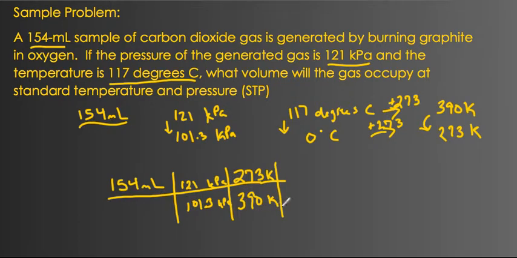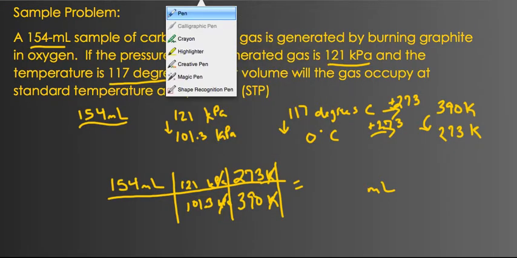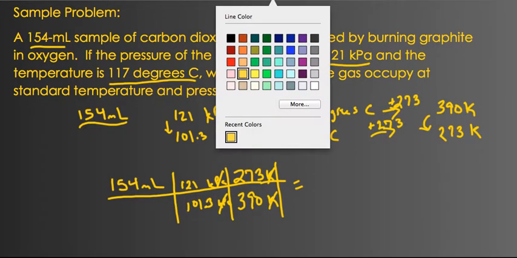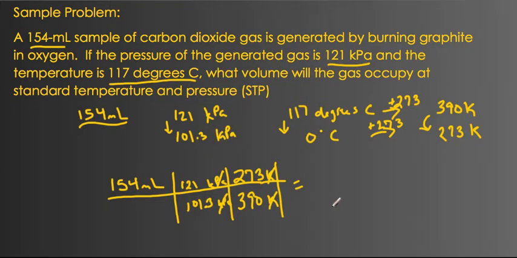Just to check that the units are the way I want them: I'm trying to end up with volume. The kPa units will cancel out, and the kelvins will cancel out, so I'll end up with a unit in milliliters. For the math, depending on what kind of calculator you have, some are better equipped at handling many operations, but to be safe, you want to break it down a little until you get the hang of how your calculator handles all this.